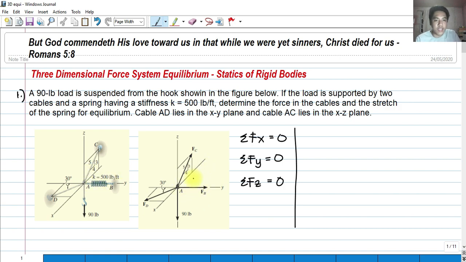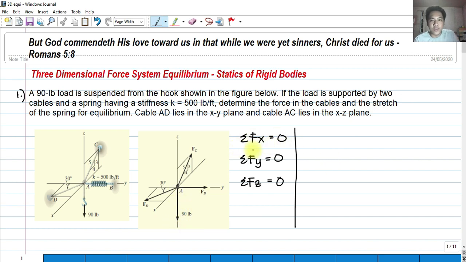We label this AC as the tension F sub C, and then we have F sub D, and then F sub B due to the spring, and then we have the weight, 90 pounds.